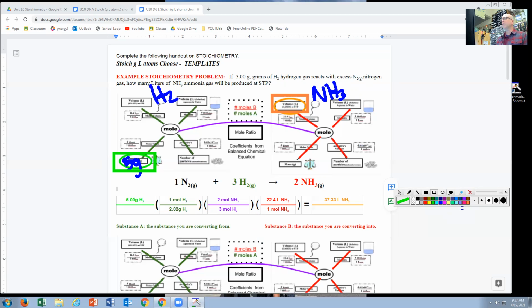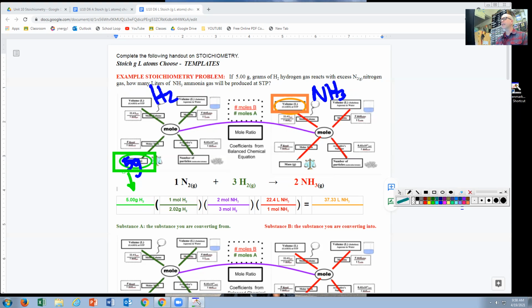So we can clearly see, hopefully, that we're going to start off at 5 grams. Let's go back to just drawing a straight line. We're going to go right here, and we're going to start with 5 grams of hydrogen gas.